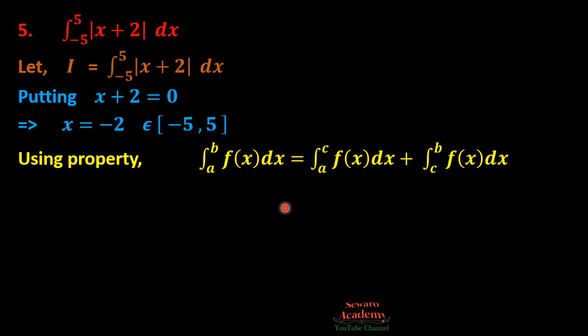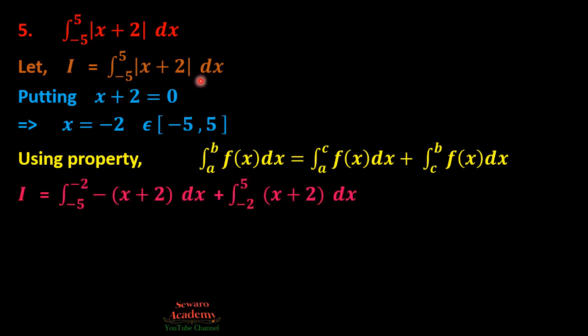Then using this property, this can be rewritten as integration from minus 5 to minus 2. Then here we put minus, because for all the values of x between minus 5 and minus 2, this function will be less than 0. Due to this reason, we put minus in front.